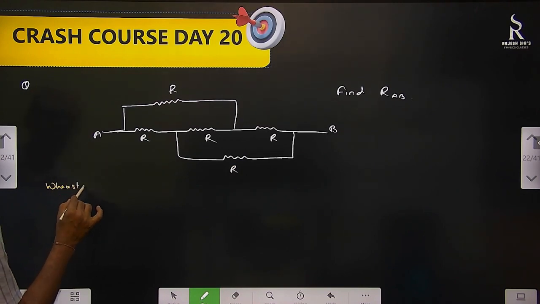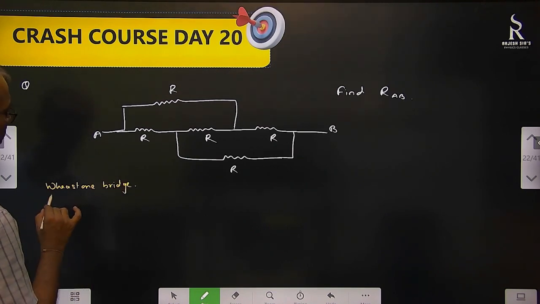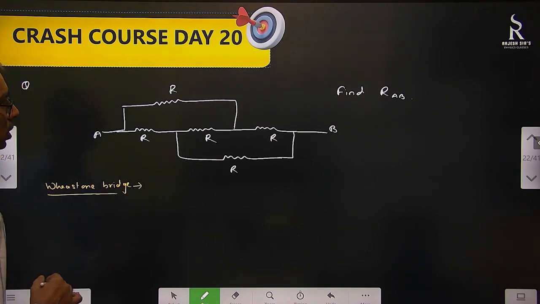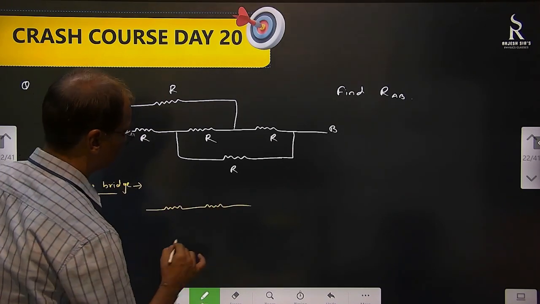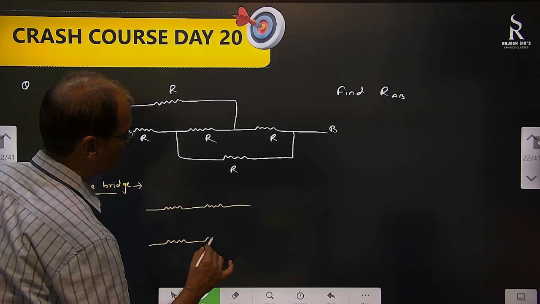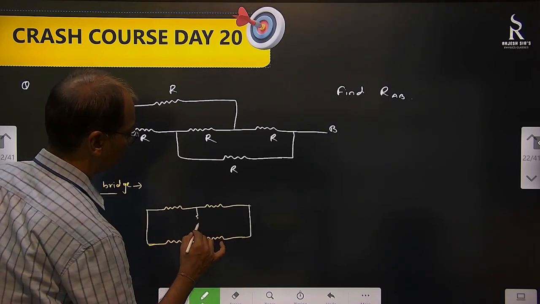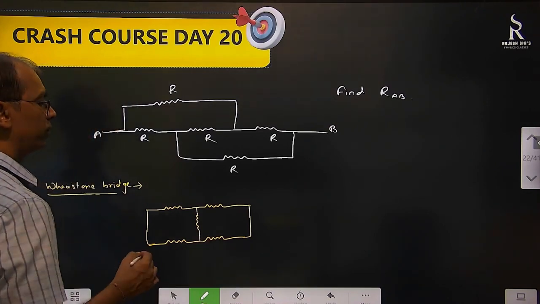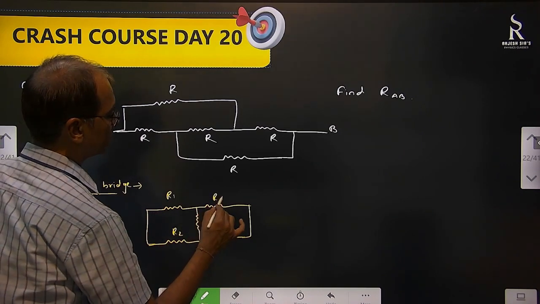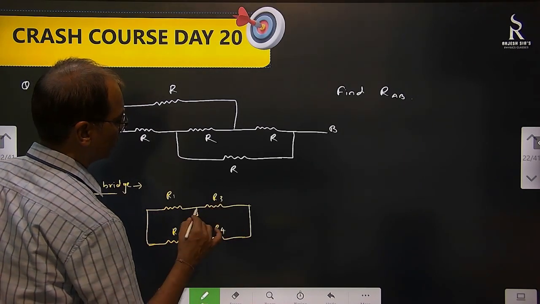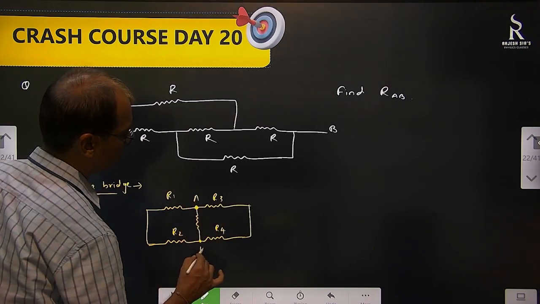What is the concept? The concept says if 5 resistors, 1, 2, 3, 4 and 5, are connected in such a way that the potential difference at this point and this point is 0.